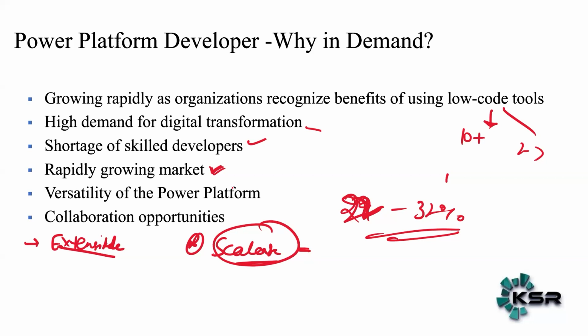If you have a requirement that can be achieved using out of the box functionalities with low code no code drag and drop, then you will go ahead and achieve that. Mostly this custom part will be required for a Dynamics developer. If you want to learn Python, then you might want to become a data analyst or data engineer. But for a Power Platform developer, there is no programming language required.